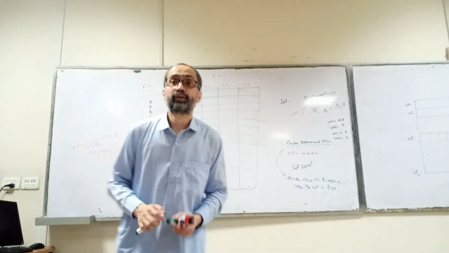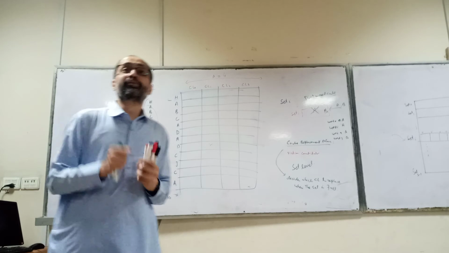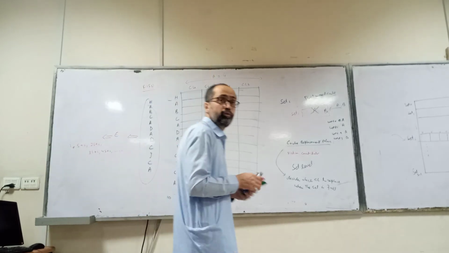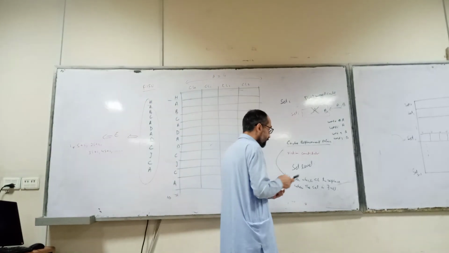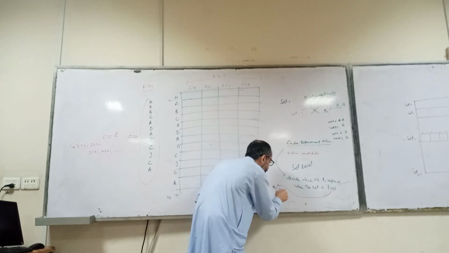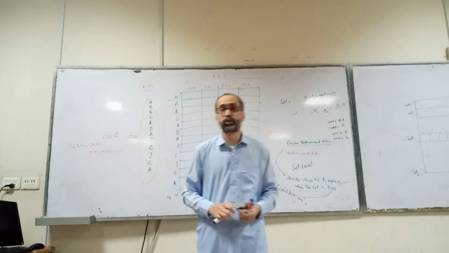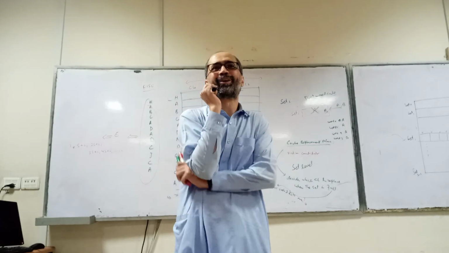When will the set be full? When all valid bits are 1. When all valid bits are 1, it means we need to kick one block out.